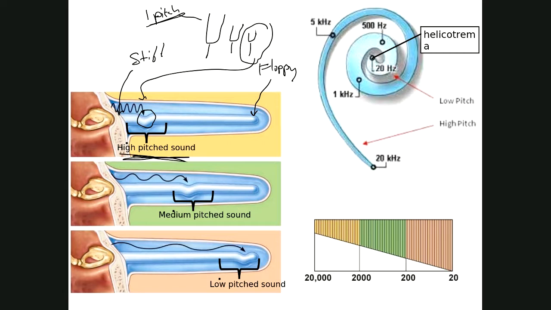But if I take this one and I do the same thing, this is the part of the membrane that's going to vibrate, and we're going to interpret that as a medium-pitched sound. And if I do a different one, I take this one and I let you hear it, it's going to be interpreted as a low-pitched sound. So right here is where it's narrow and stiff.